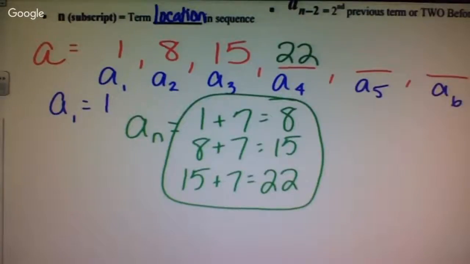What is something that does not change in this entire equation? Plus 7. Plus 7 does not change.